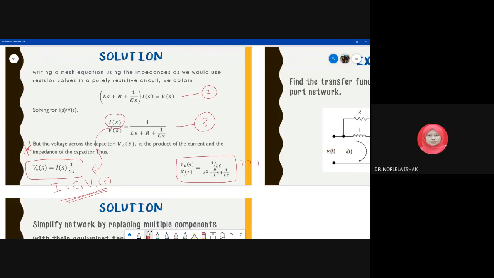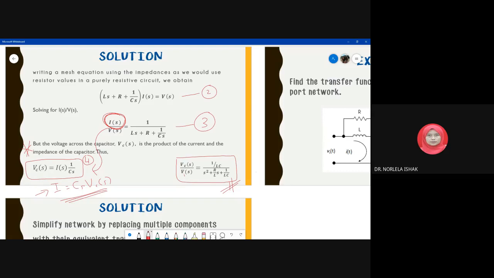So you replace, let's say I make this equation number 4. We simplify to get the current, and then you substitute the current into this equation. So we can get this transfer function.